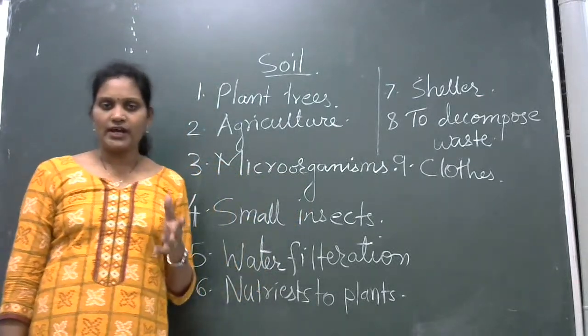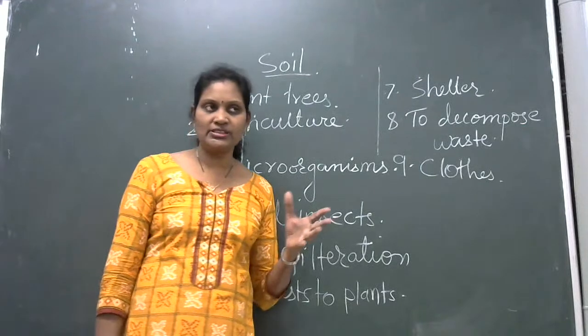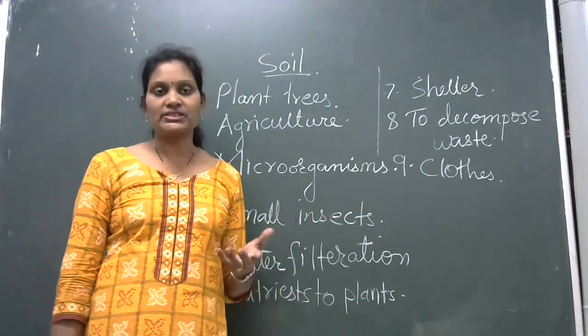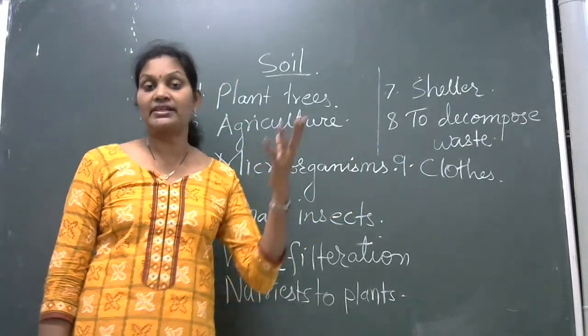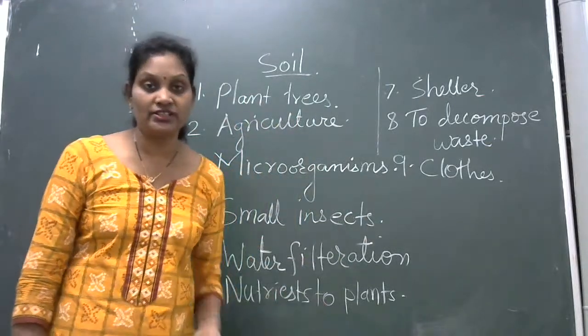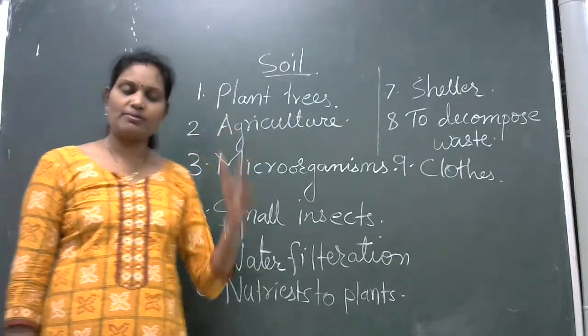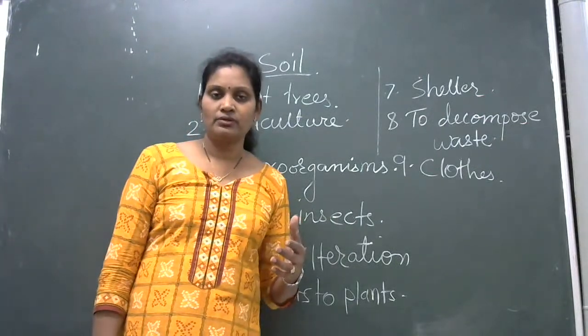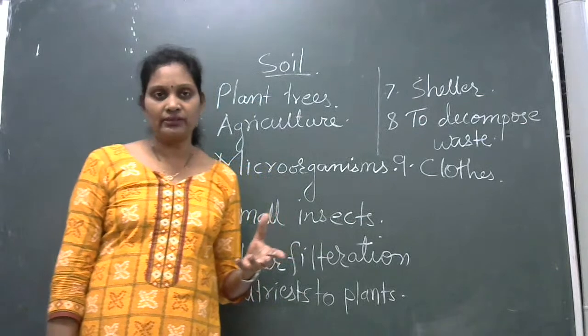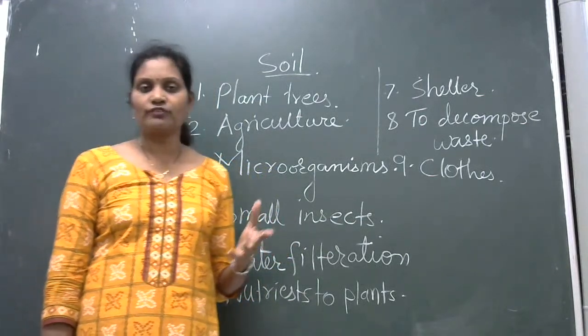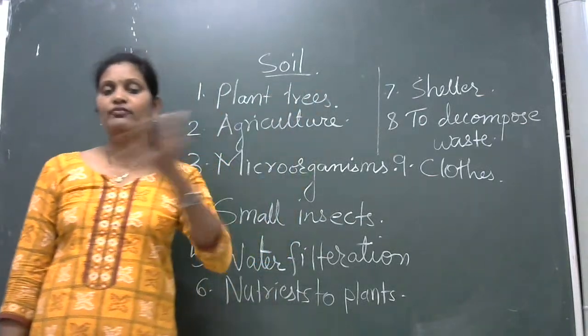Understood? We are not dependent on any of this. Nowadays we are dependent on the factories that produce things artificially. But just imagine the ancient time. At that time also people were living, but they were not dependent on factories or such kinds of industries.